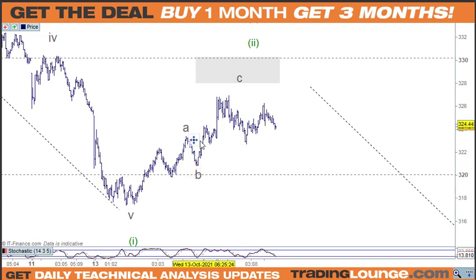We've got 1 here, and we've got 1, 2, 3, 4, 5. So we've got 3 waves up there. There should be one more move here, but then that also starts to look a little bit corrective as well. And it's not exactly impulsive down here. Maybe it's even going to be like this.